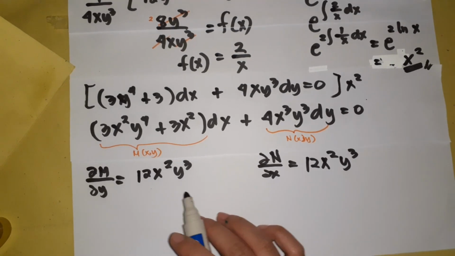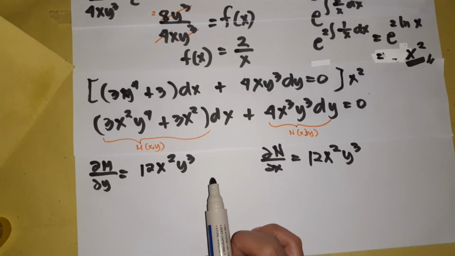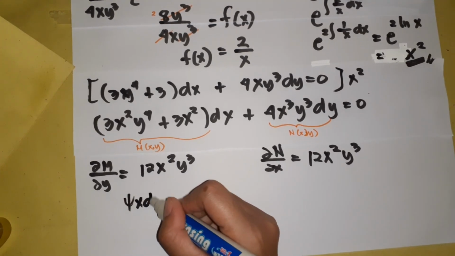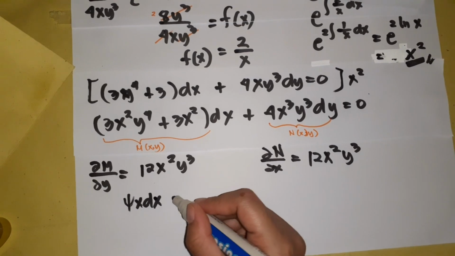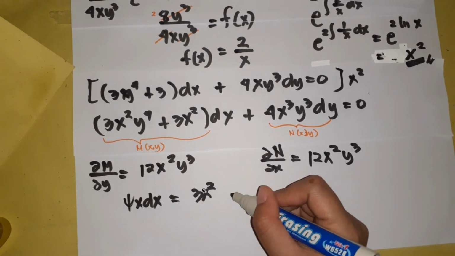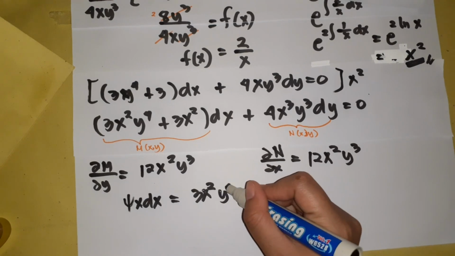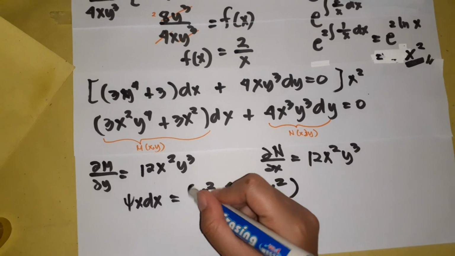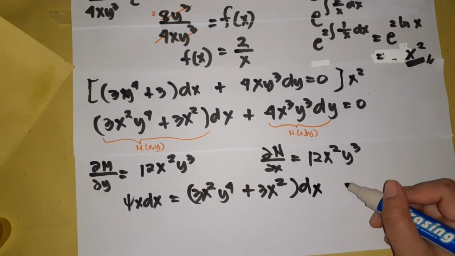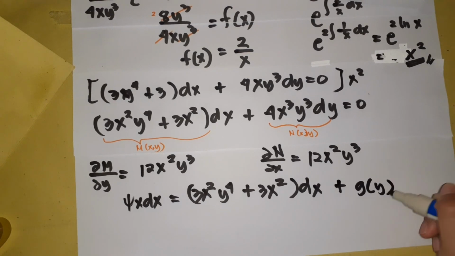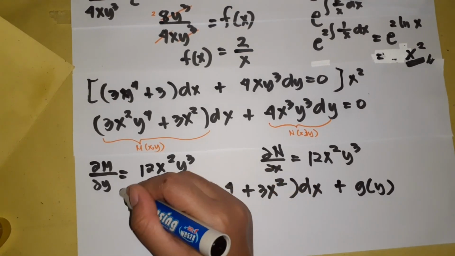And next, we will integrate our function M. So psi sub x is equal to our M, which is 3x^2 y^4 + 3x^2, and add on our generic function in terms of y. So we will integrate this.